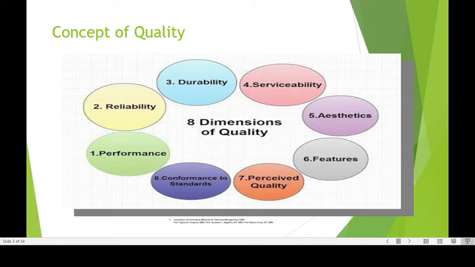And then for number 6, we have features. Features are aesthetic part of the product or services, but it is considered internal. Pag sinabi natin internal, so ito yung mga features natin internally. Hindi siya nakikita ng ating naked eye. But rather, nakikita siya kapag ginamit mo na yung produkto mo. One of the best examples for this are computers.